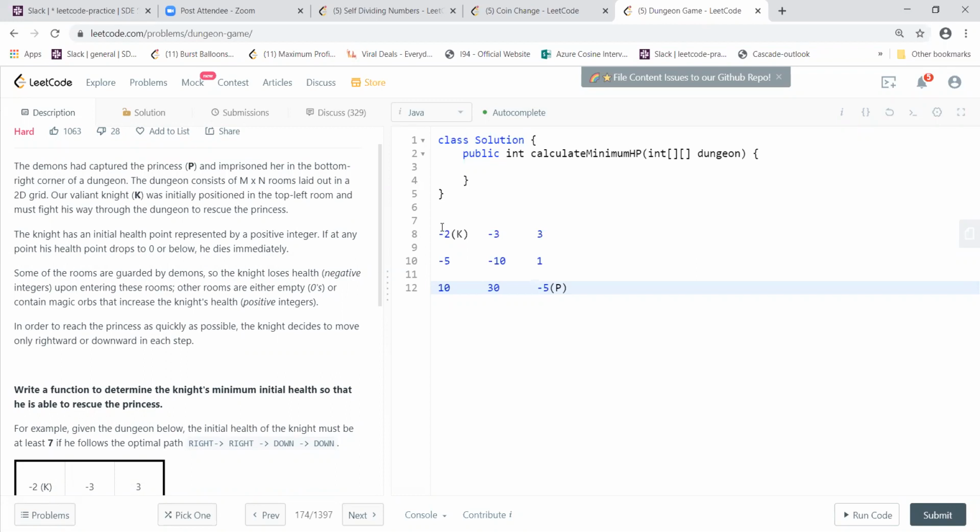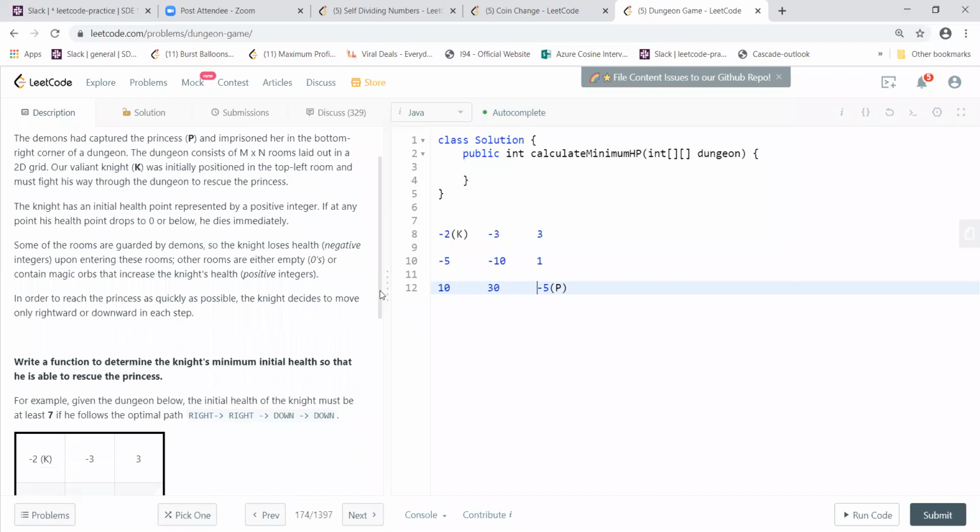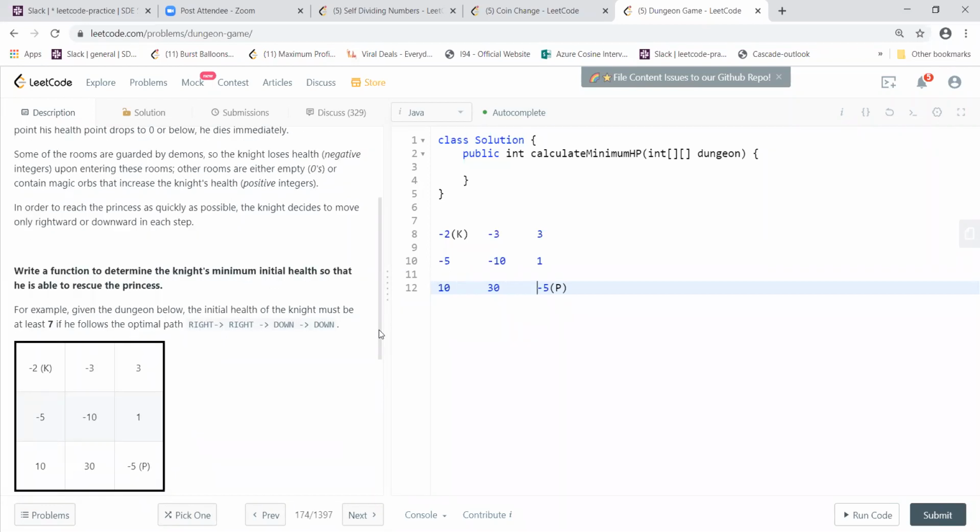He's dead and the game is over. But if it is positive, he gains health, and then he can use that health to reach the next cell. And the way he traverses is he can only go in two directions. One is downward and the other is rightward. These are the only two ways he can traverse this 2D grid array.